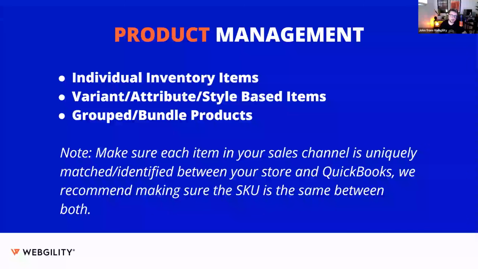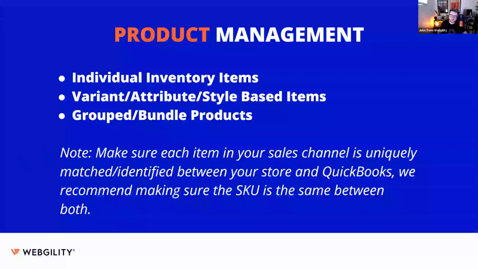Yeah. And I think from a product management standpoint, the biggest point here is in the notes, right? When you're managing products, Webgility needs to know what items exist on either side of the aisle. If we're talking about a Shopify or an Amazon, it doesn't matter.